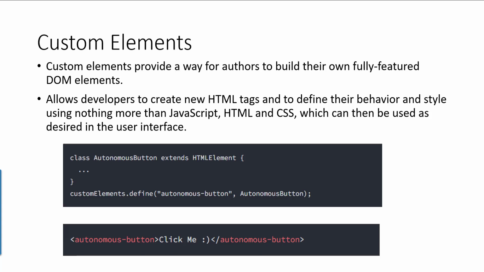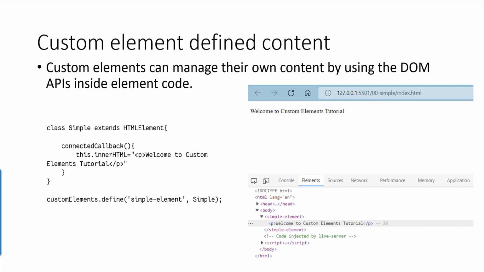So as you can see here, we have the autonomous button that is defined as a custom element. So when you define the custom element, it renders the class and generates the HTML code inside your browser DOM.